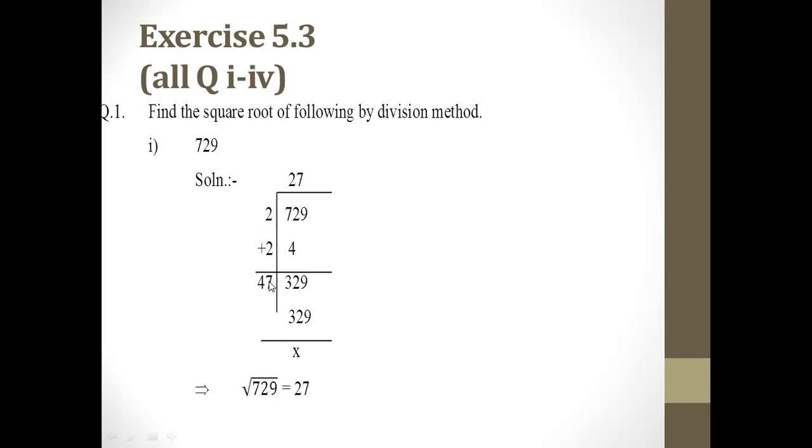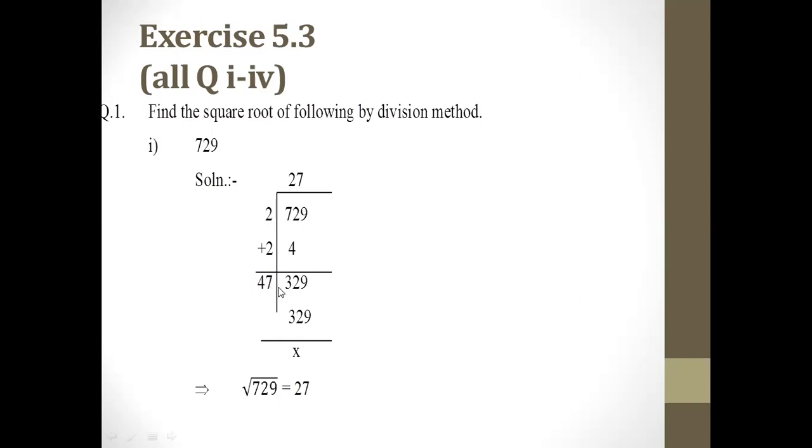41 with 41, because 4 comes from where? From adding these two numbers, 4 comes. So with 4 you check the number which multiplied with itself fits. If you check 41 multiplied by 1, it will be less than 329. Then you check 42 multiplied by 2, again it will be less.